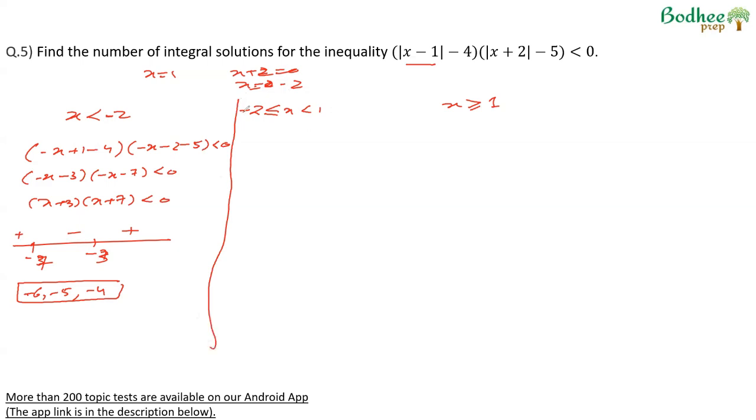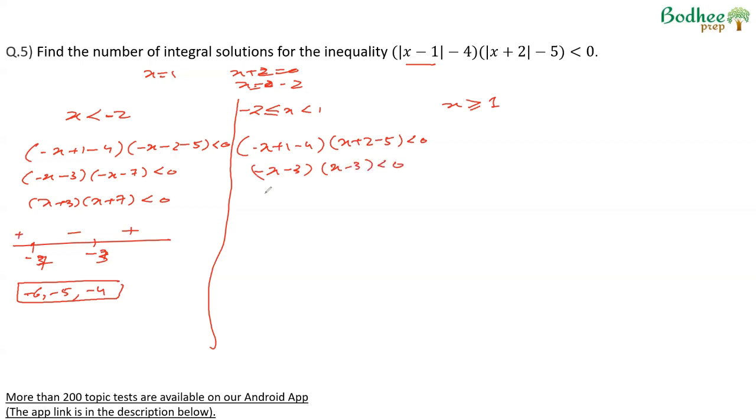If we have the next range, x lying between minus 2 and 1, the first one will be negative, minus x plus 1 minus 4 into the second will be positive, mod x plus 2 minus 5 is less than 0. So minus x minus 3 into x minus 3 is less than 0.